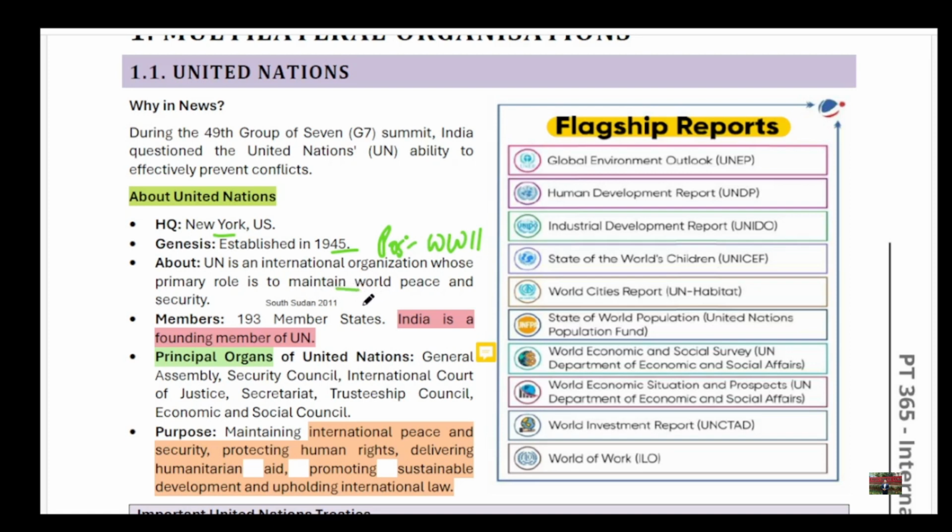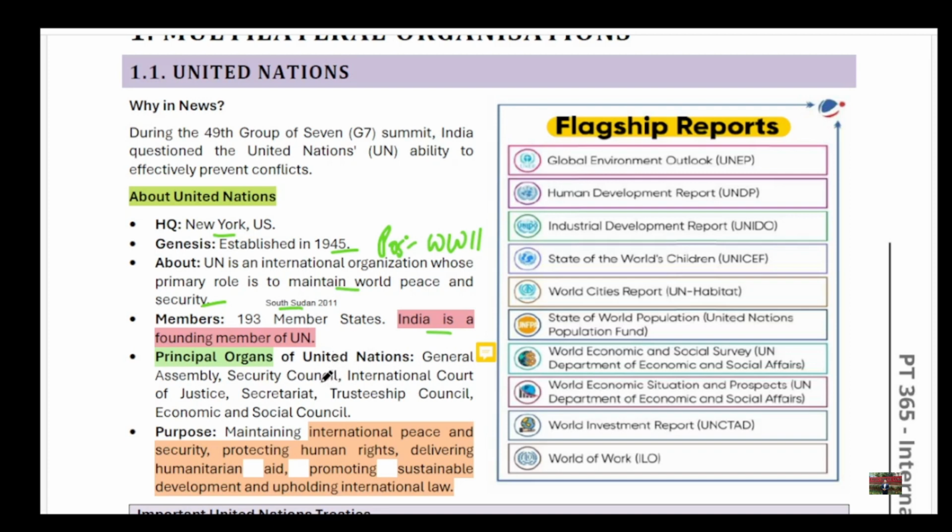There are 193 total members of the United Nations General Assembly, and 193 members of the United Nations as well. The last country which joined the United Nations is South Sudan in 2011. India is also one of the founding members of the United Nations. Though we ratified the UN Charter at a later date, we are still a member.